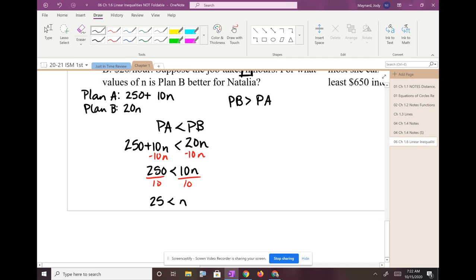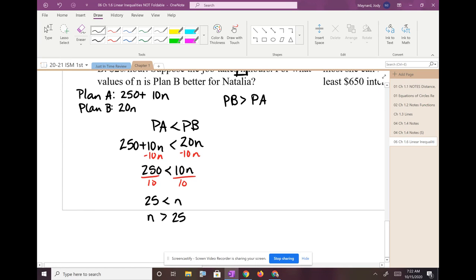Now here's the problem. We normally are used to seeing n on the left side. So I'm going to go ahead and flip the entire inequality around. When I do this, I have to mirror the sign. So here I have an n, and I'm going to put 25 on the right. Now the arrow of my inequality sign is pointing towards 25.